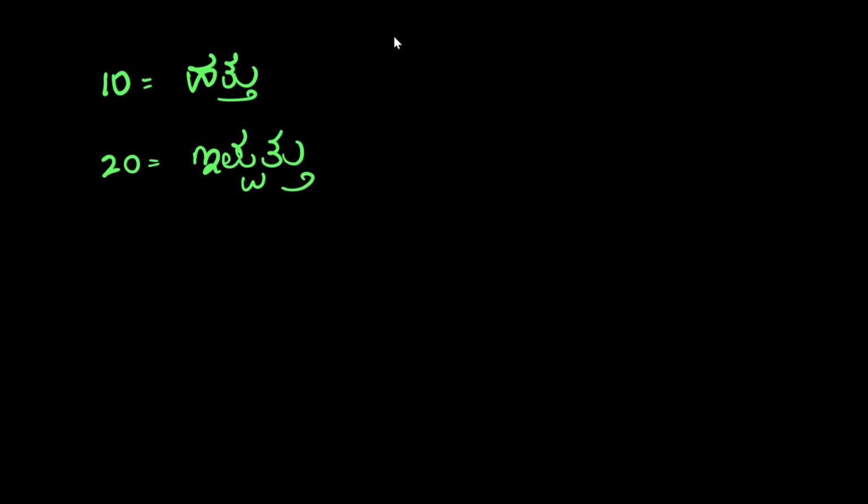Okay, so now let me write the tens. Count of tens. So 10 ಗೆ ಹತ್ತು, 20, ಇಪ್ಪತ್ತು. Let me write it in English also. And what is for 21? ಇಪ್ಪತ್ತೊಂದು.